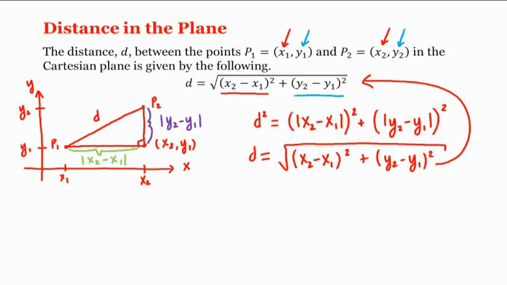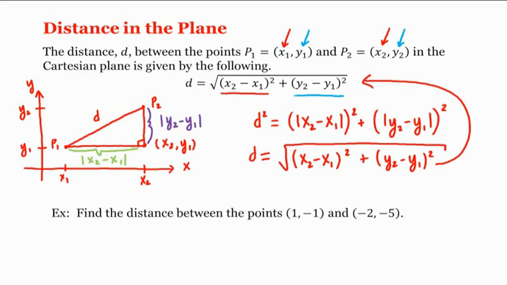Let's see an example. Let's find the distance between these 2 points here. Let's let this equal x1, and this y1, and this x2, and this y2.